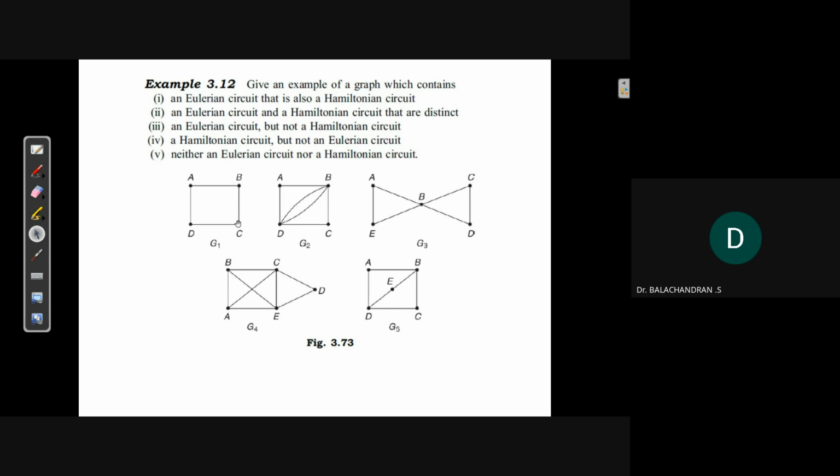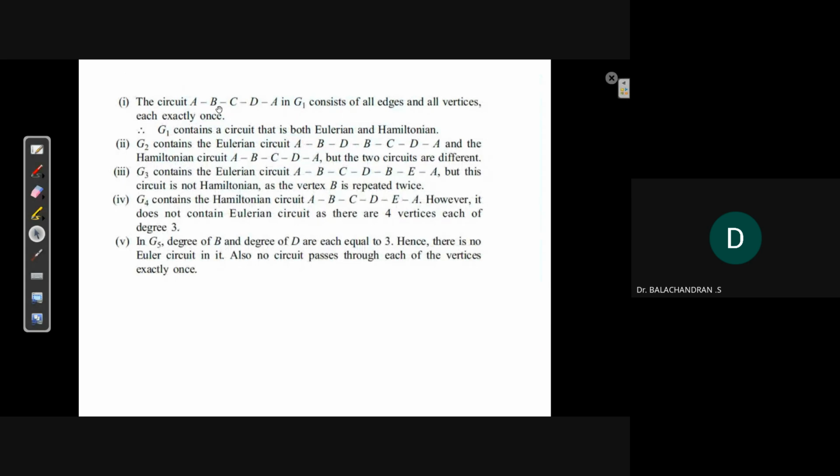This is also a Hamiltonian circuit because it contains all the vertices exactly once. Look at the explanation: the circuit A, B, C, D, A in G1 consists of all the edges and all the vertices each exactly once. Therefore, G1 contains both an Eulerian circuit and a Hamiltonian circuit.